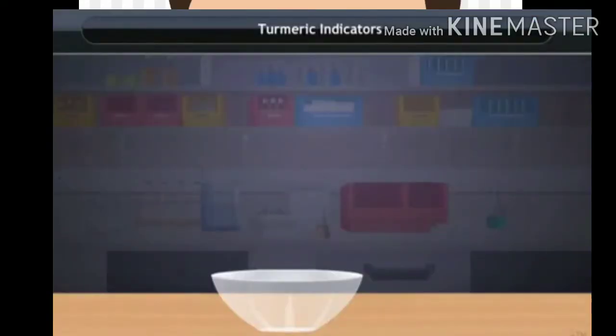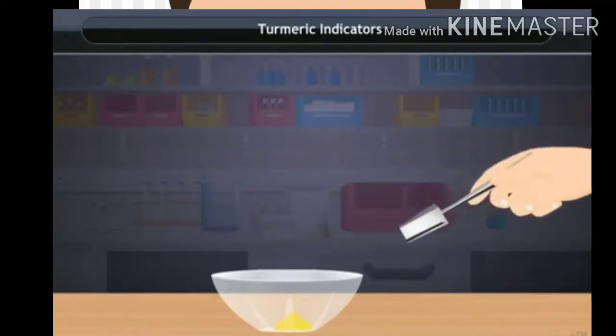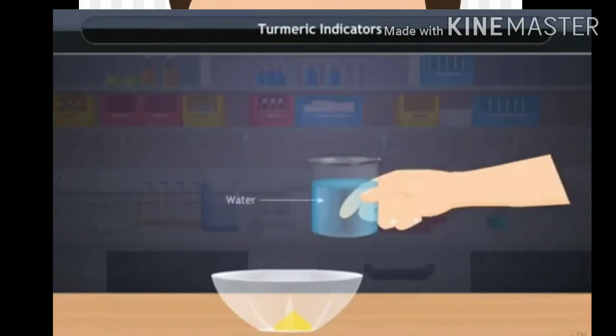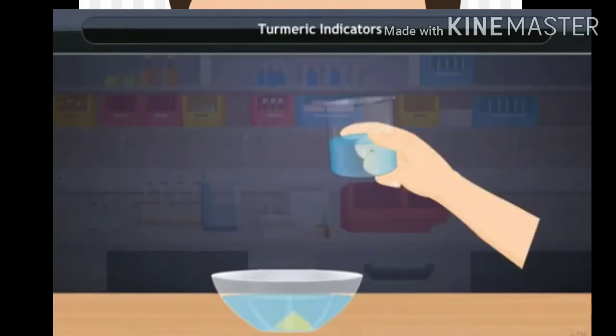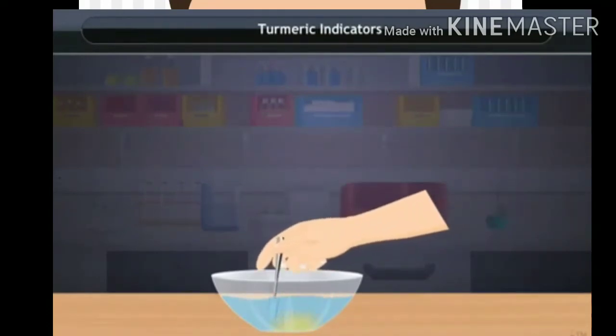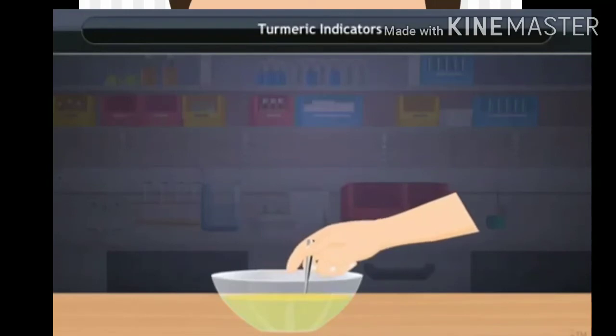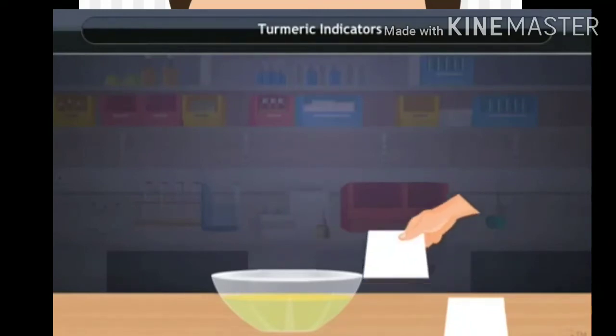Turmeric indicators. Turmeric paper is another natural indicator. Take a full tablespoon turmeric powder. Add a little water and make a paste. Make turmeric paper by depositing turmeric paste on filter paper and drying it.